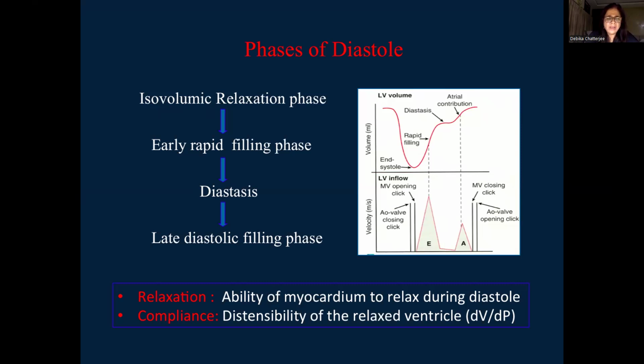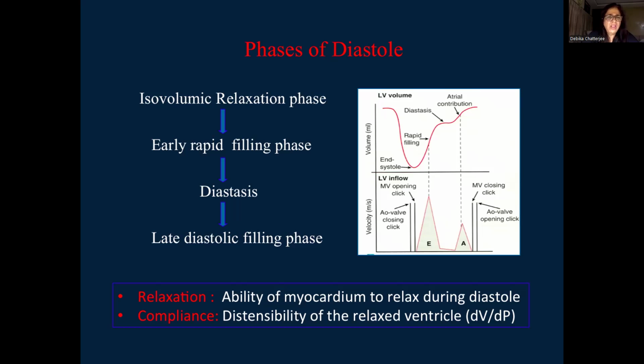See, in the meantime, during this phase of diastole, the left atrium is getting filled up with the blood from the pulmonary veins. When LV was in systole, LA was receiving the blood from the pulmonary veins. So LA pressure is high. Now LV pressure has gone down.